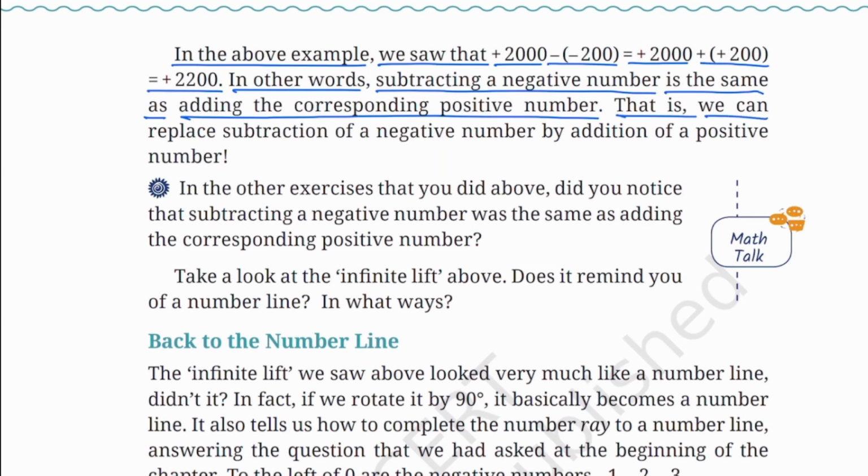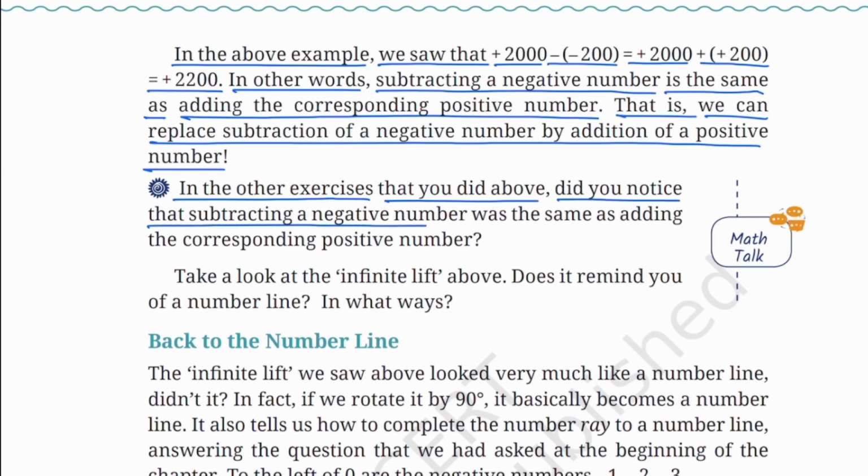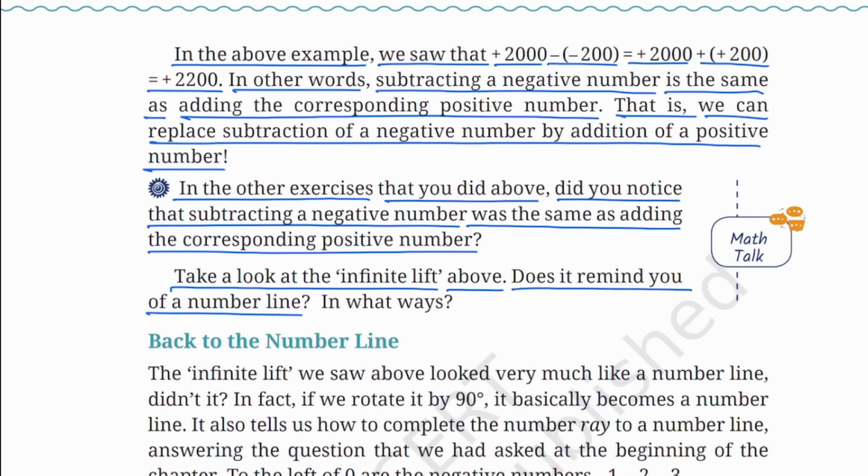That is, we can replace subtraction of a negative number by addition of a positive number. In the other exercises that you did above, did you notice that subtracting a negative number was the same as adding the corresponding positive number? Take a look at the infinite lift above. Does it remind you of a number line? In what ways?